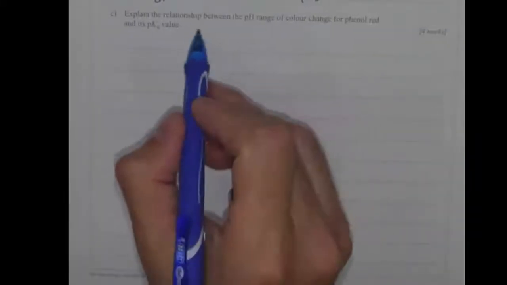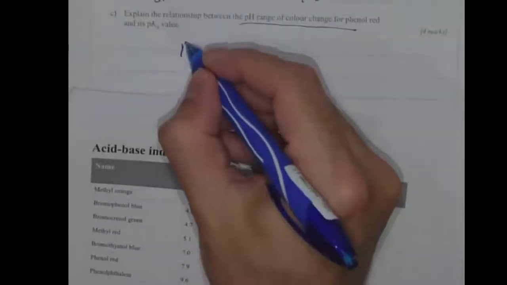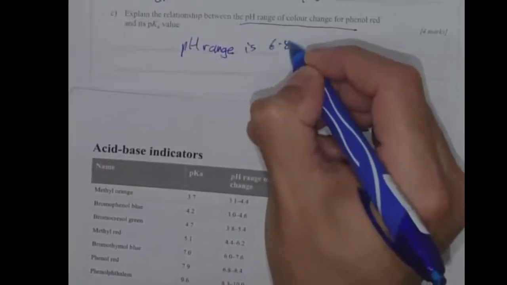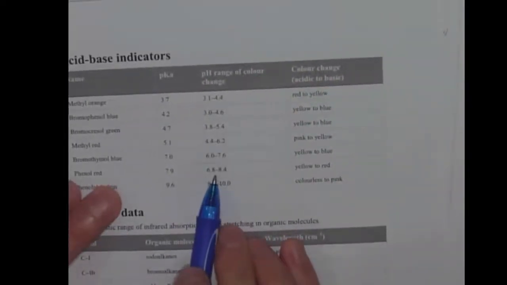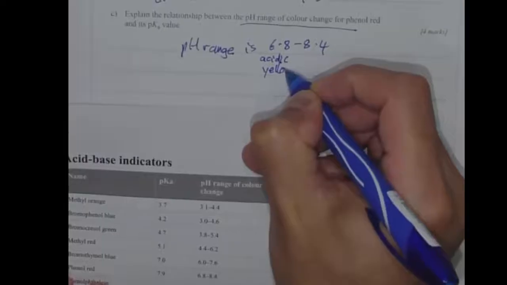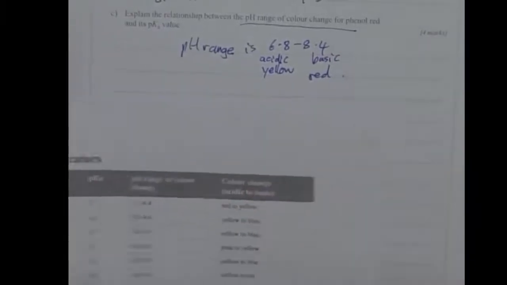Next, explain the relationship between the pH range for phenol red and its pKa. The pH range for phenol red is 6.8 to 8.4, and that is from acidic, yellow, to basic, which would be red.